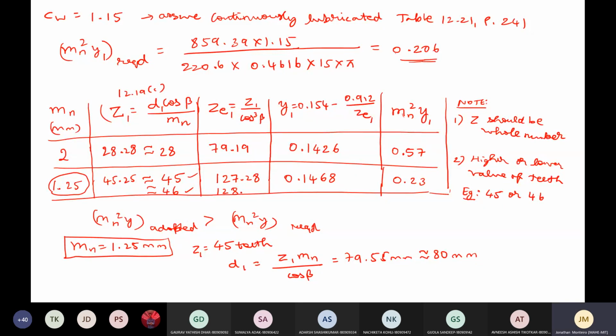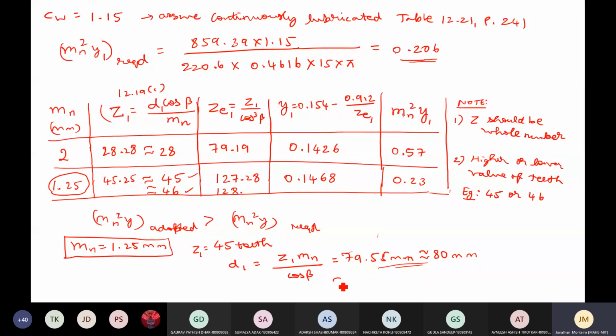That is why in the problem it was given as nearly equal to 80, because once we set the exact number of teeth, you may not get an exact value for the diameter of the gear. So this condition is also satisfied. We have taken that as reference and adjusted over here, and that is why it was approximately equal to 80.